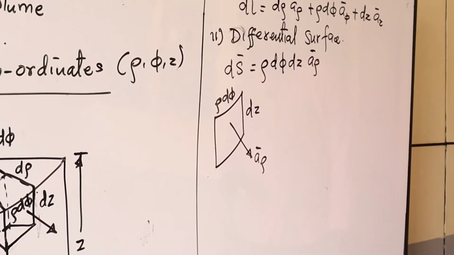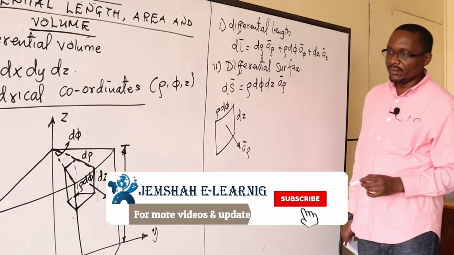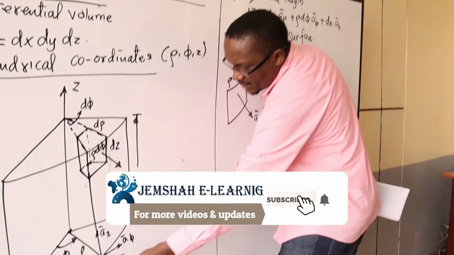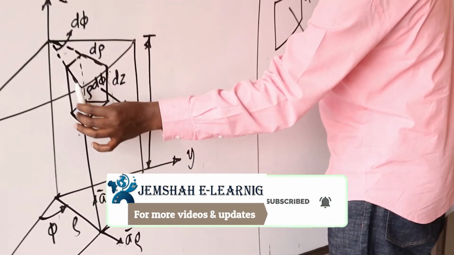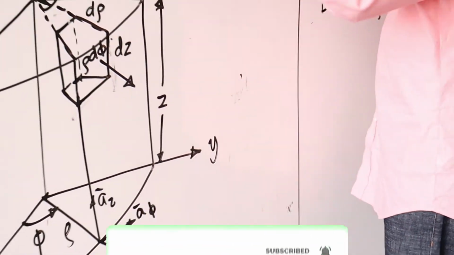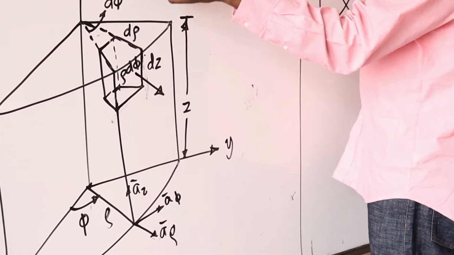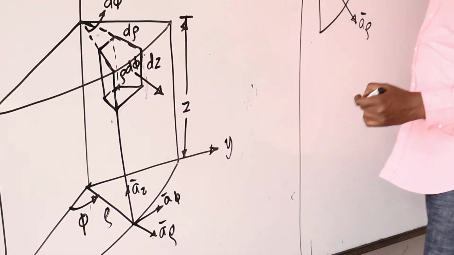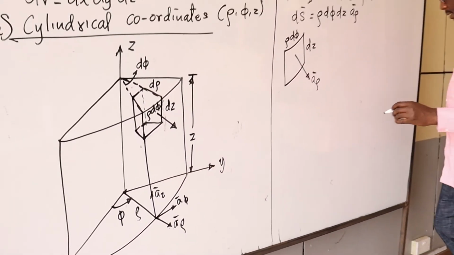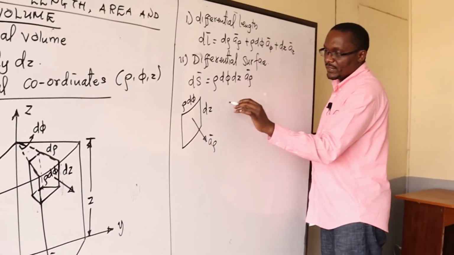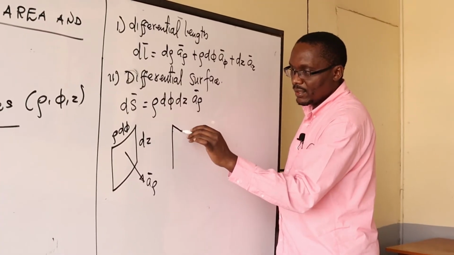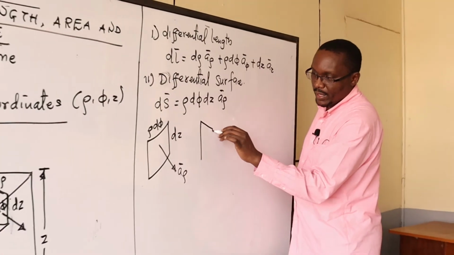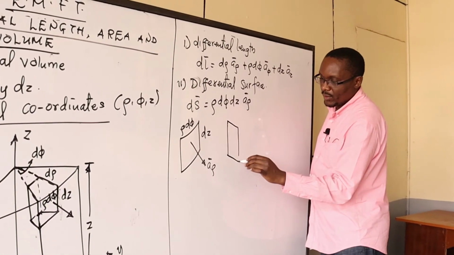Then next one is that particular surface that is in the phi direction. You see, the surface that is hidden is the same as this particular surface, but it's on the other side of the board that we are not seeing. So if we are to draw that, our particular surface in that direction is this surface.